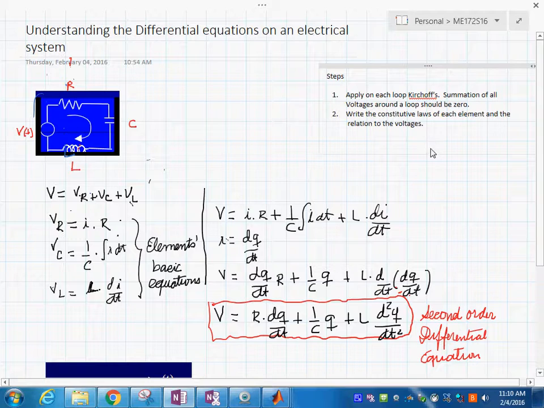I would say let's just put the last step so that we finish this in here would be to write the differential equations in terms of the charge. That's what we have now.